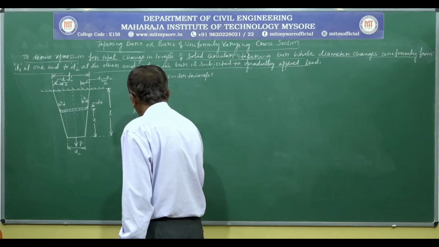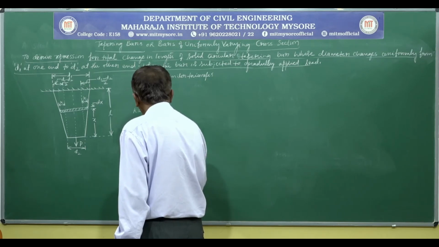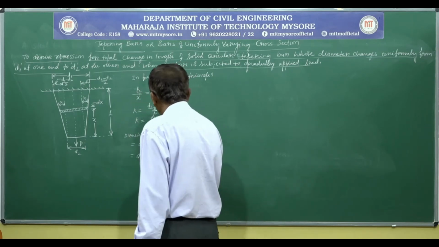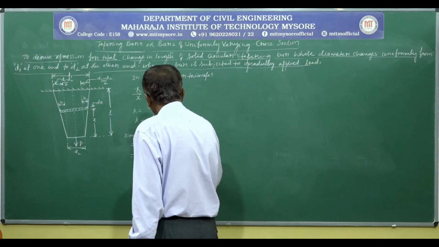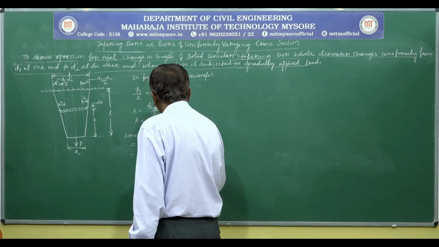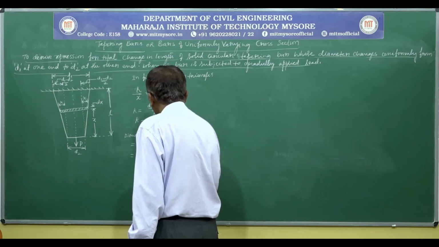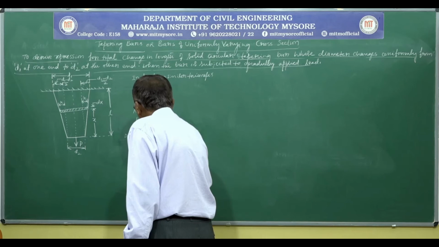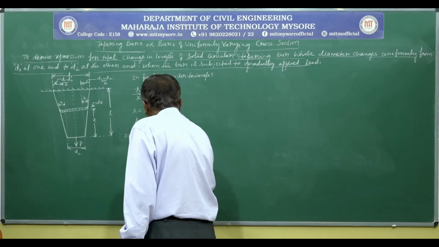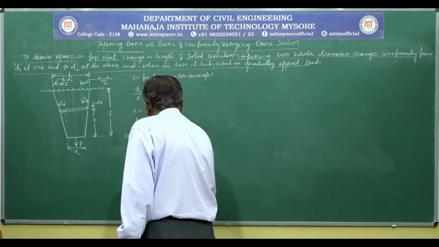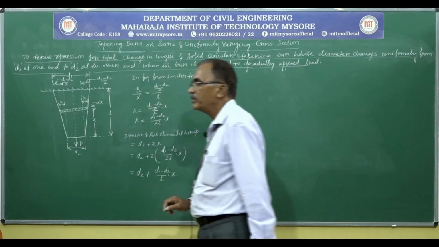That is d2 plus 2 times k, which is (d1 minus d2) by 2L into x. So we get d2 plus (d1 minus d2) by L into x. So this is the diameter of the elemental strip.